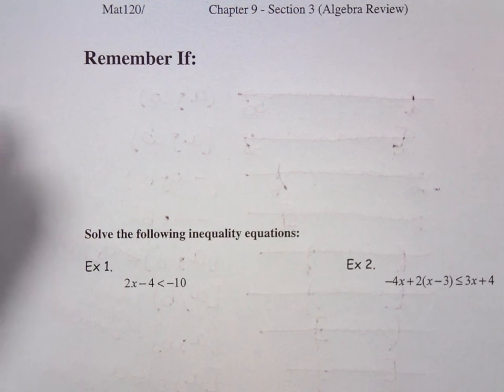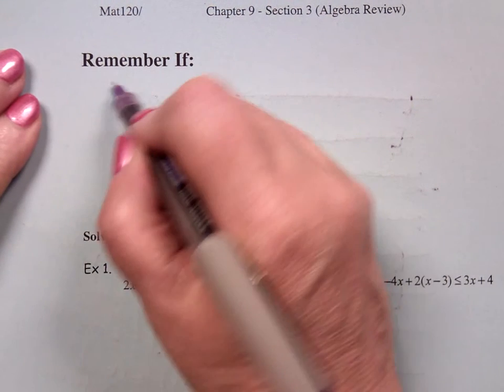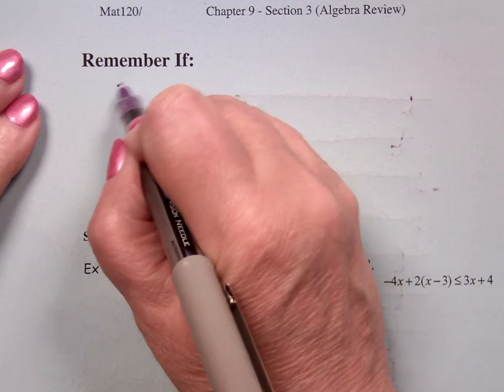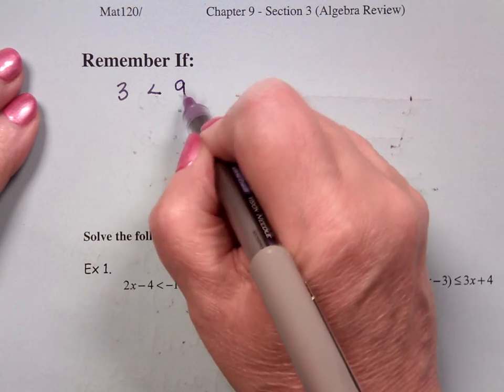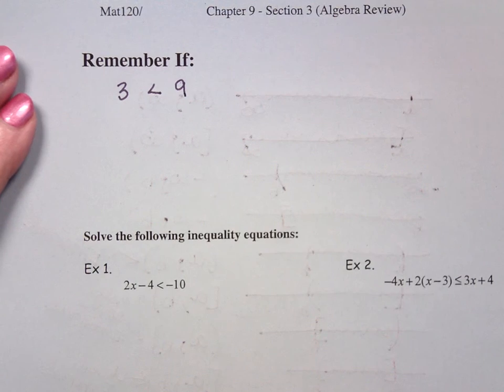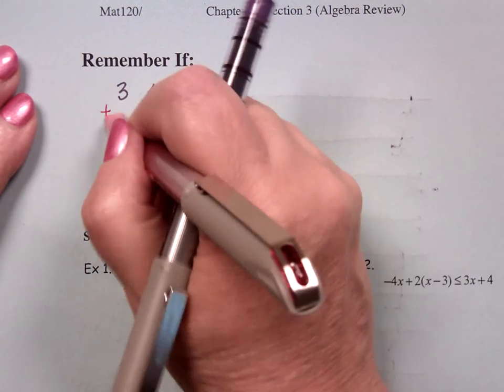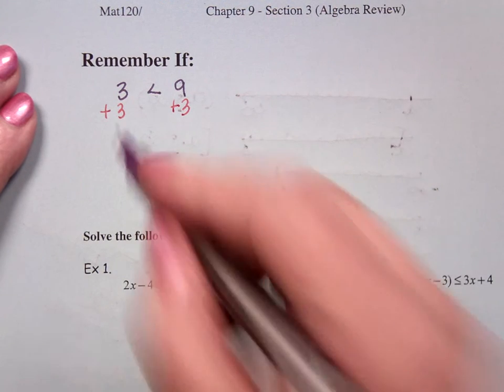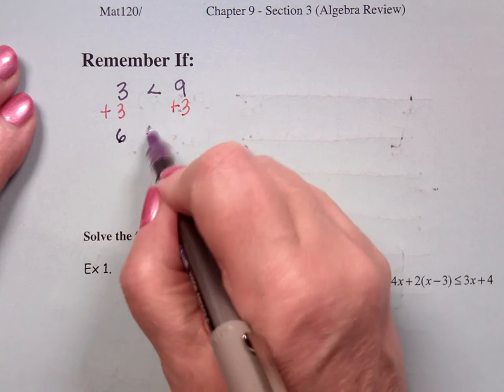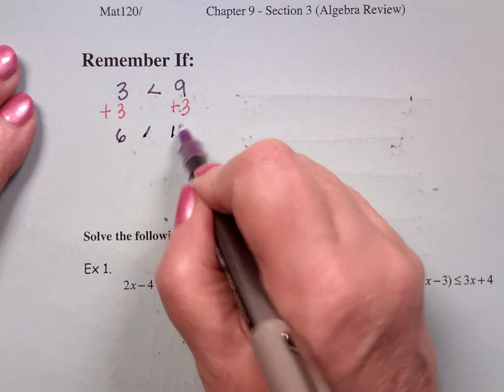Now, I want to remind you of how inequalities work. If I know that 3 is smaller than 9, if I add a positive 3 to both sides, this would give me 6 and 12.